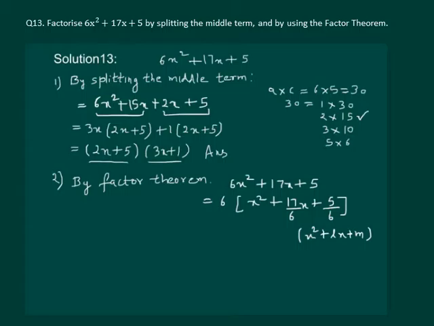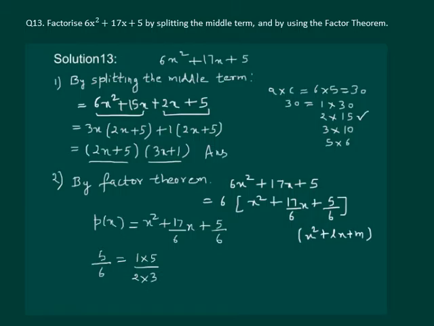Now let us assume that our px is equal to x square plus 17 by 6x plus 5 by 6, and the constant term is 5 by 6, which can be written as 1 into 5 by 2 into 3.